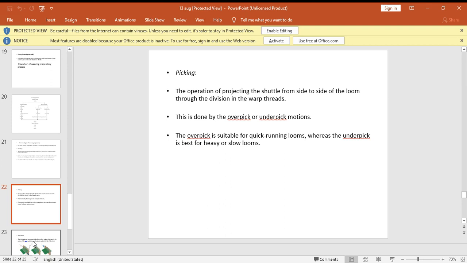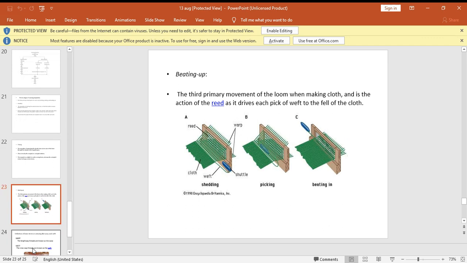The overpick is suitable for quick running looms, whereas the underpick is best for heavy or slow looms. Then the third operation is beat up. The third primary movement of the loom when making cloth is the action of the reed as it drives each pick of weft to the fell of the cloth.